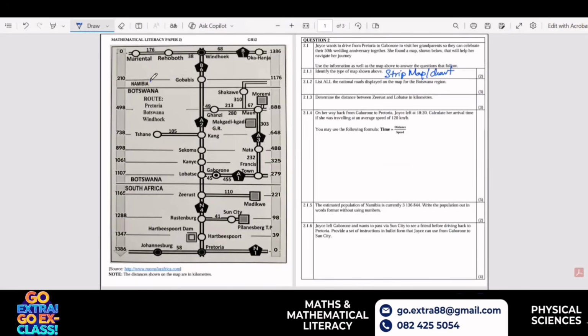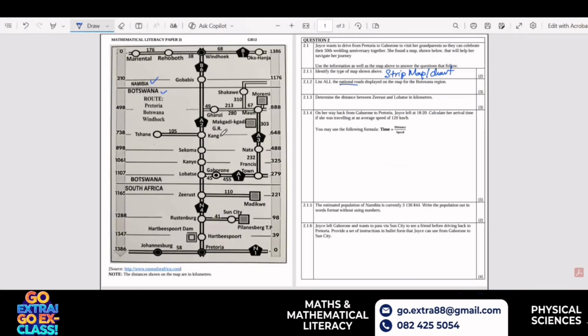There's Namibia here, and then this line here definitely represents the borderline. Once you jump this line there is Botswana here, and in Botswana it goes until it ends on this line. This line is a borderline, and then up here we have South Africa. So we have 3 countries appearing on this strip map. But the question says list all the national roads displayed on the map for Botswana region. So the region that we want to focus on is this region here, Botswana.